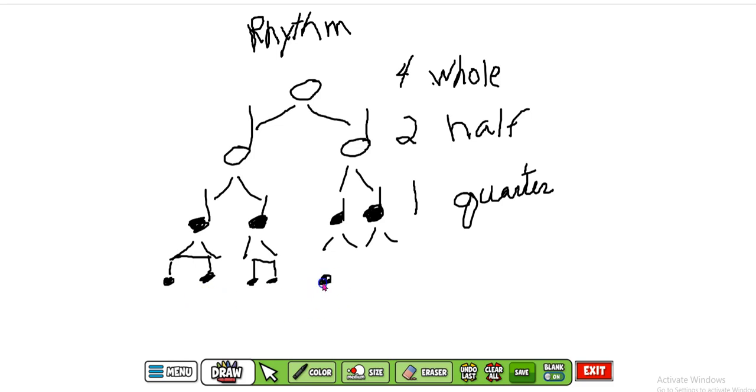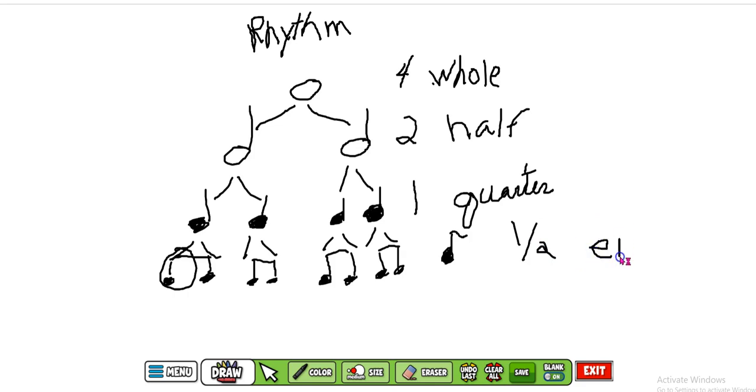Okay? These are called eighth notes because one of these all by itself is 1/8 of the whole note. Right here. That's an eighth note by itself. By itself, an eighth note looks like this. Okay, so an eighth note gets half a beat.